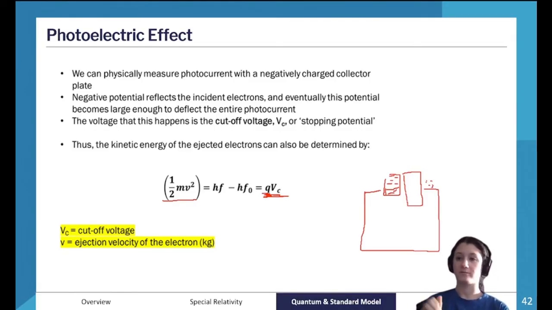But if they have less energy, it's almost like they're lazy and they don't want to do it. You get what I mean? But how many electrons there are doesn't affect anything. And remember, how many electrons there are is linked to the brightness or the intensity of the light. All right? Okay, let's move on.